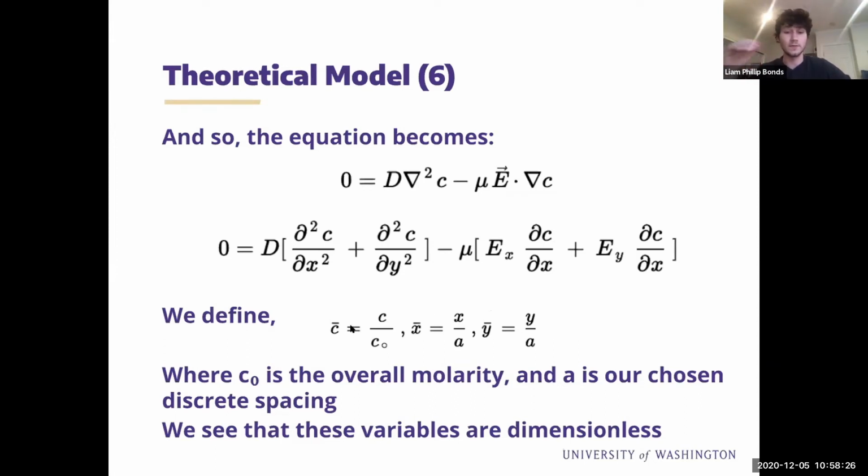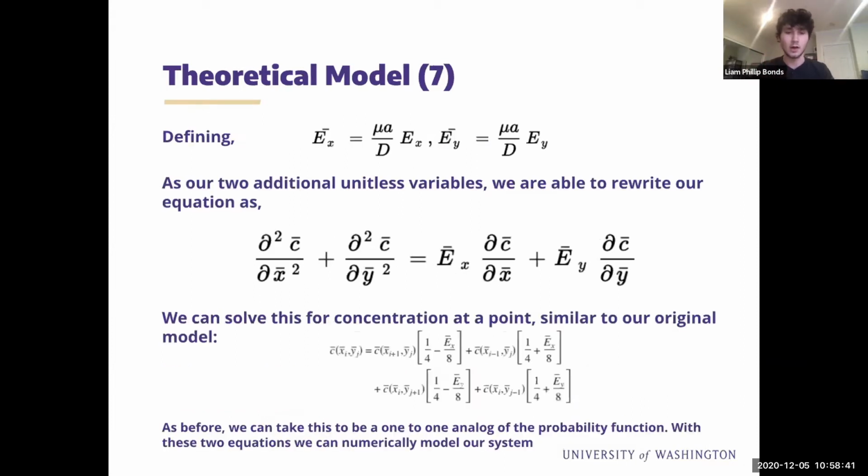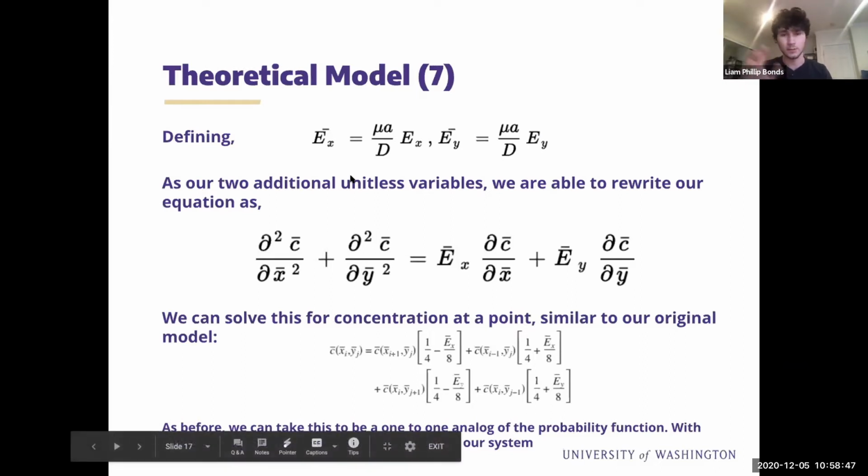They define dimensionless units in order to simplify it further. C naught was the overall molarity, and A is the chosen discrete spacing or the differential. We also define more dimensionless units to further simplify the equation.